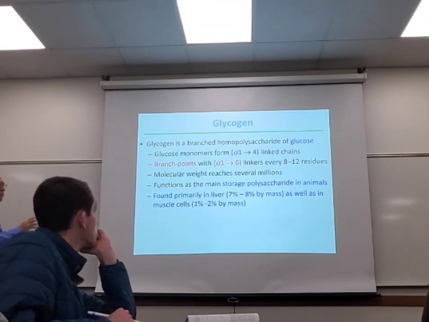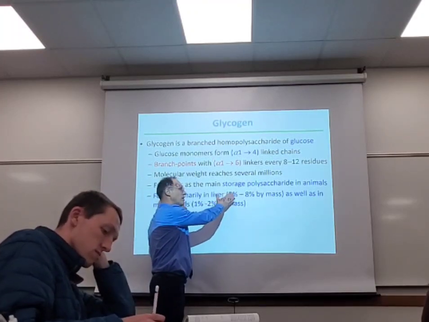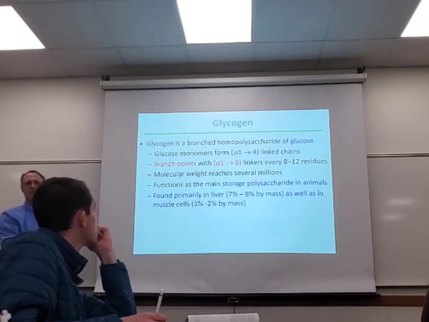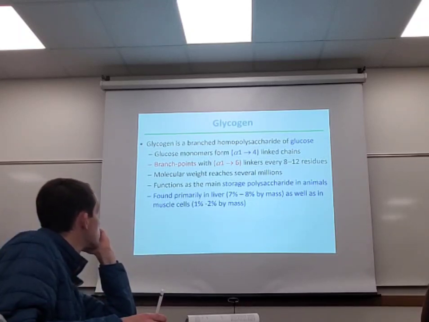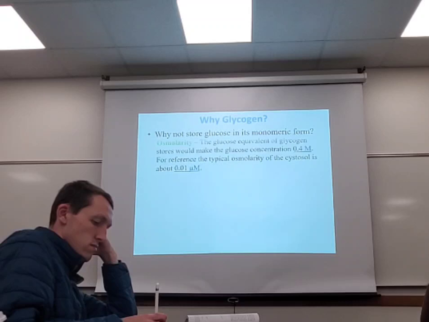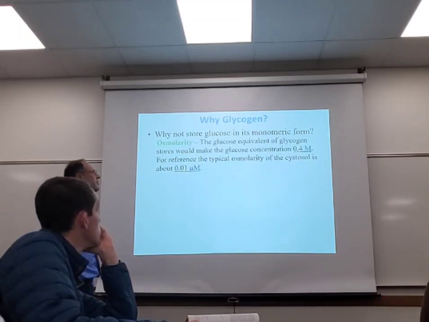Cool, okay? So glycogen itself is a great way to store things. It turns out it's primarily stored in the liver, which is 7 to 8% by mass. It's also stored in the muscle cells, 1 to 2% by mass. Now, we talked about why not store glucose in its monomeric form. Let me give you some real values. Osmolarity. The glucose equivalent of glycogen stores would make the glucose concentration 0.4 molar.